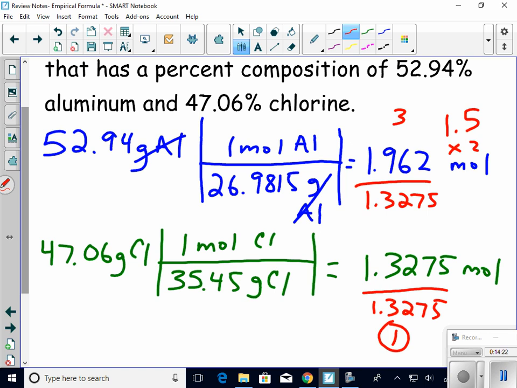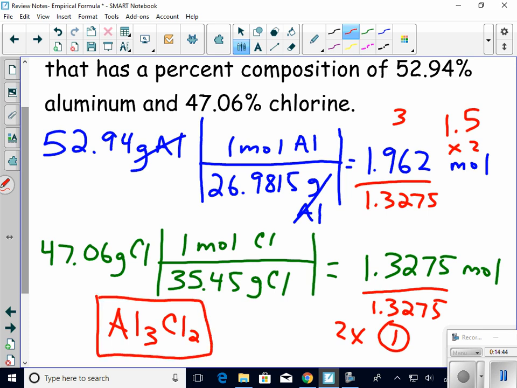So I'm also going to multiply this one by 2. So what is my empirical formula going to be for this one? Al3Cl2.